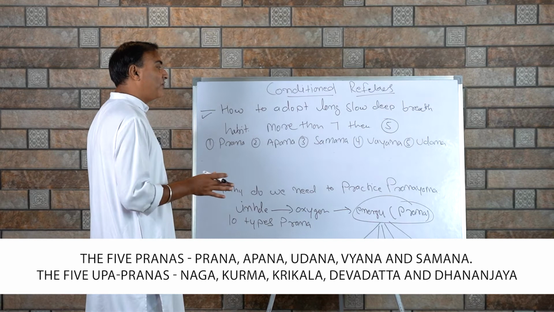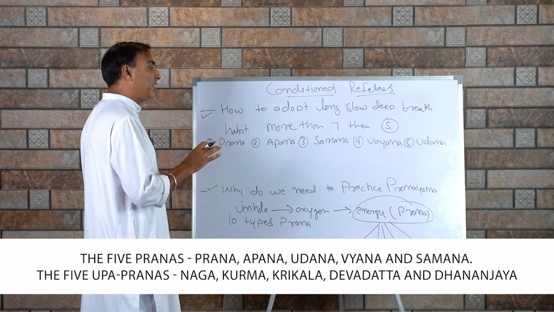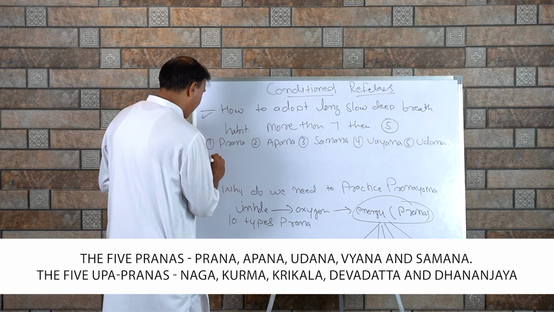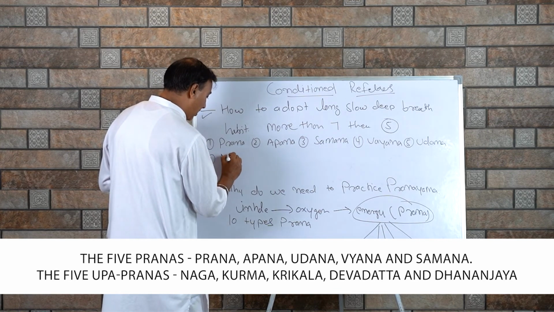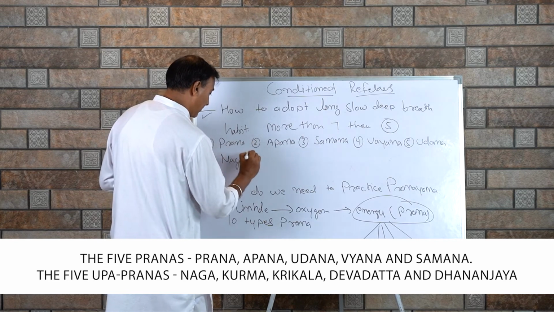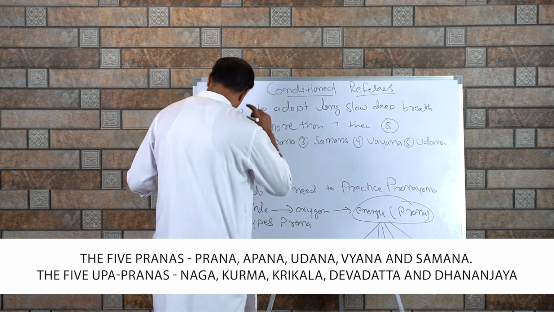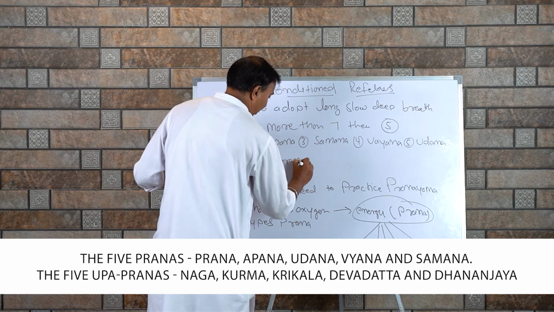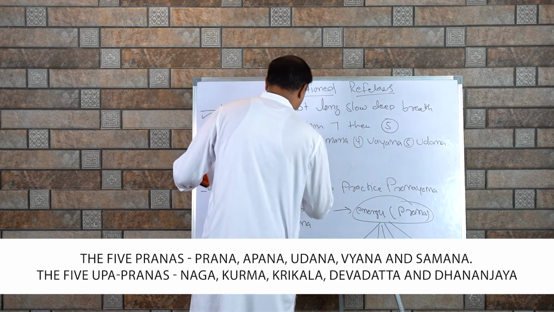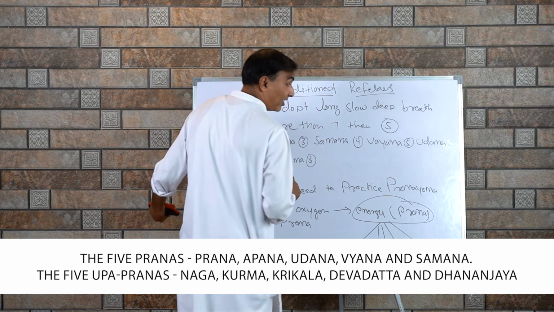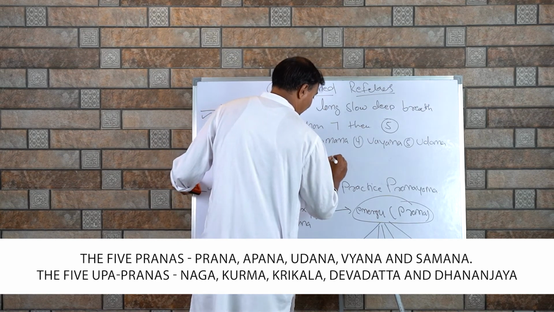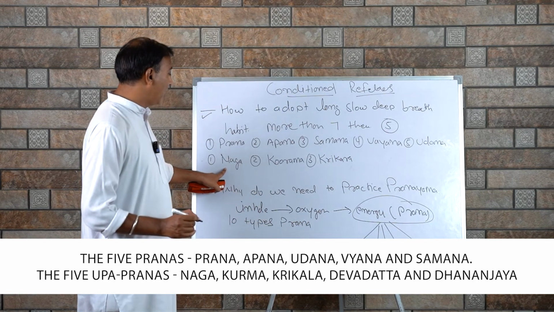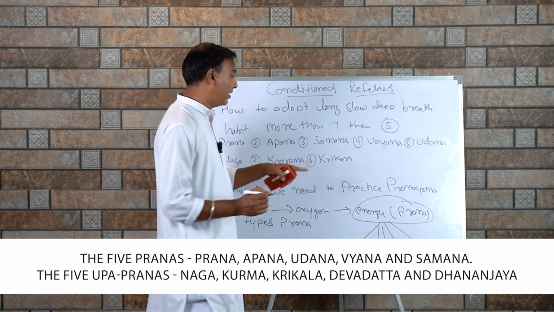And there are 5 more pranas which completely depend on the main ones. Number 1 is Naga. Number 2 is Kurma. Number 3, Krikara.